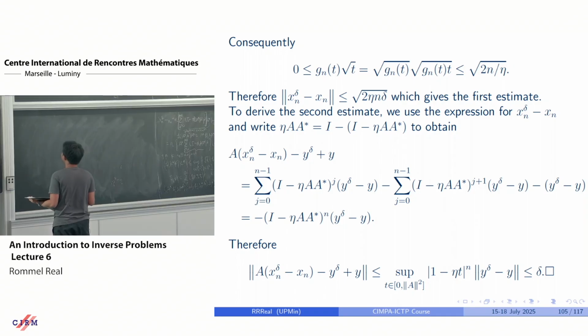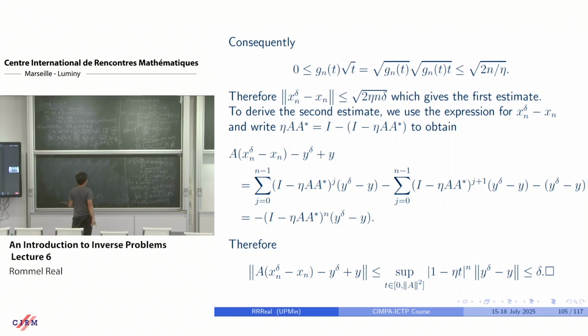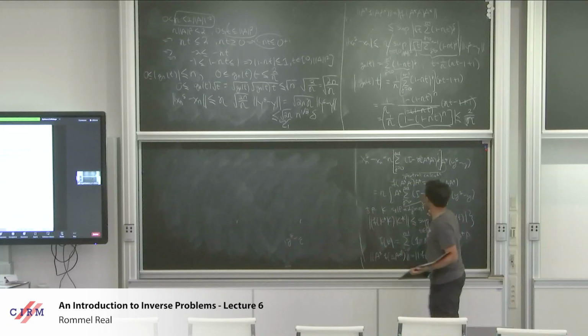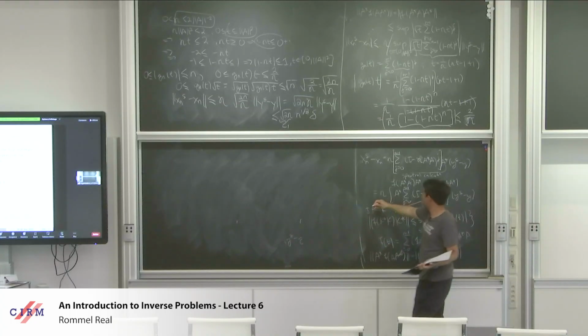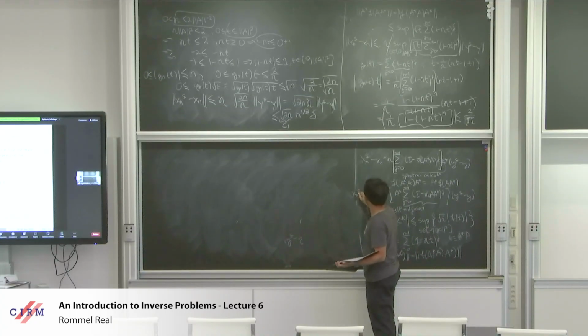Now I'll use the analog with the A star outside. So we use this one again. Just imagine if we multiply it by A on both sides here.